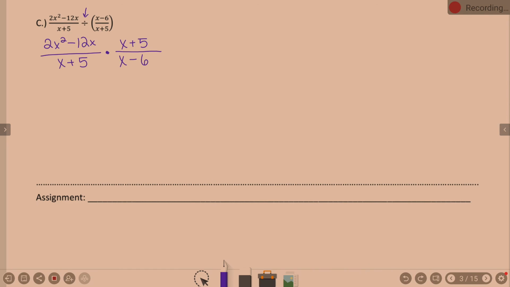On top, the GCF of 2x squared minus 12x is 2x. Factor out the 2x, I'm left with x minus 6. x plus 5 stays as x plus 5, the next x plus 5 stays as x plus 5, and x minus 6 stays as x minus 6. This one actually worked out really easy.